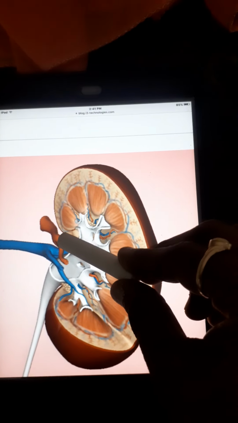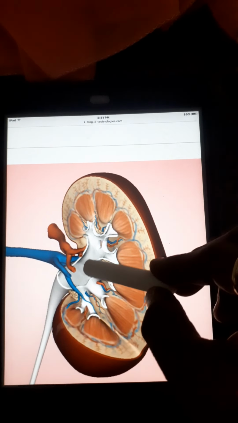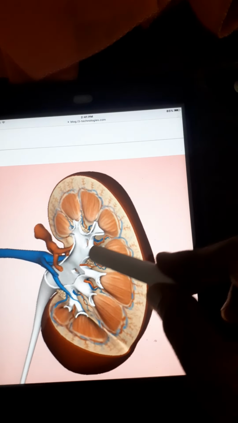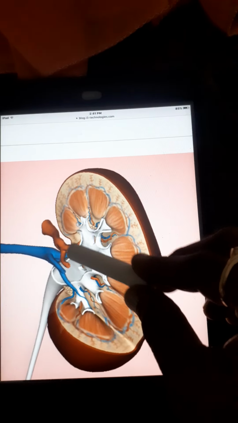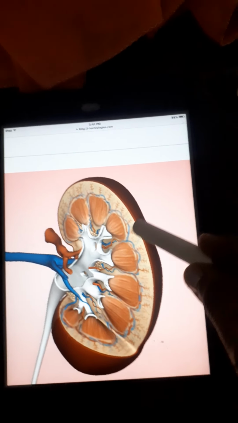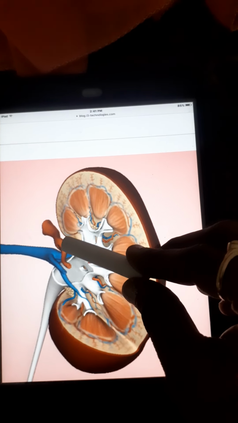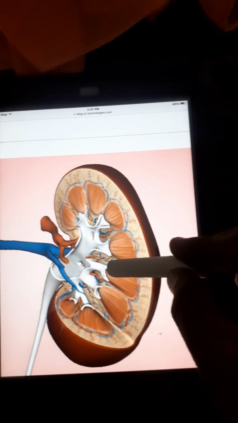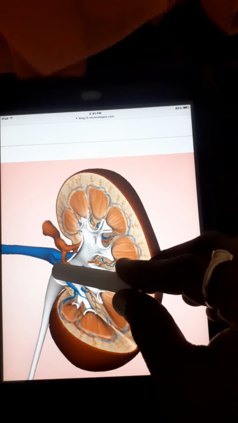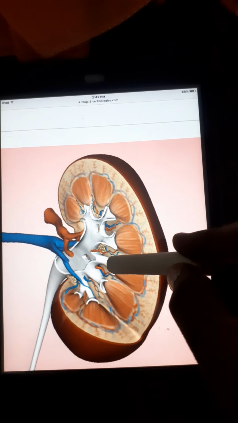See here, these three parts are present at one place. You call this a fissure. This fissure is the place where these three arise from. Arteries generally bring oxygenated blood to the kidneys, and veins bring deoxygenated blood to the kidneys.